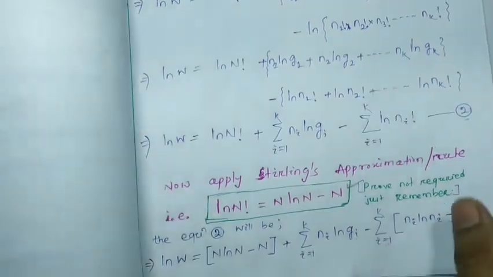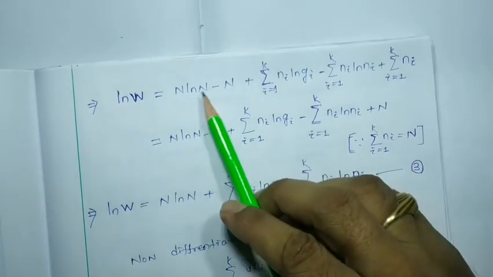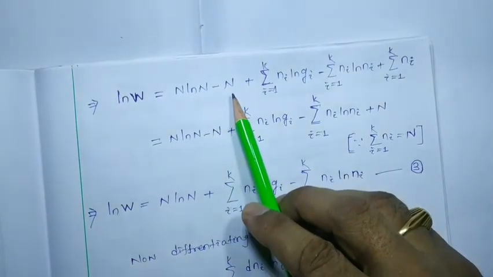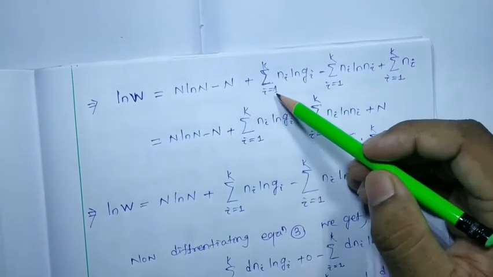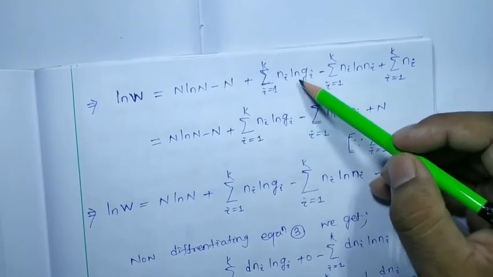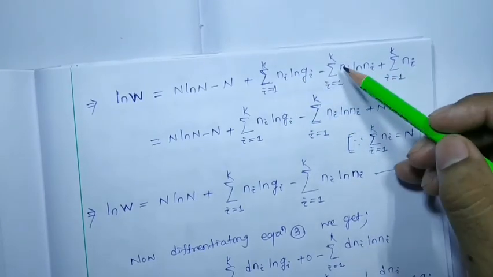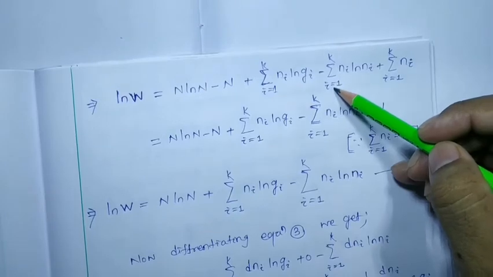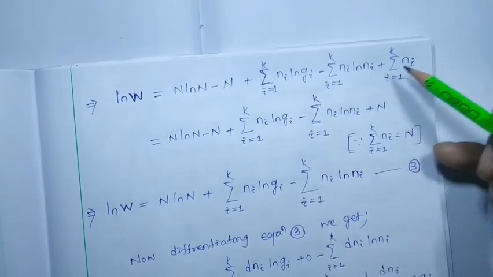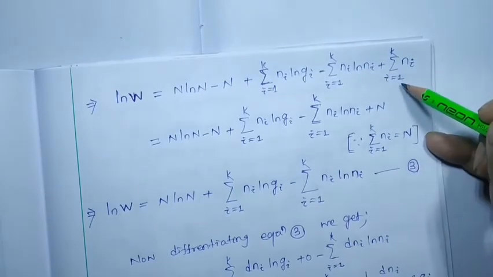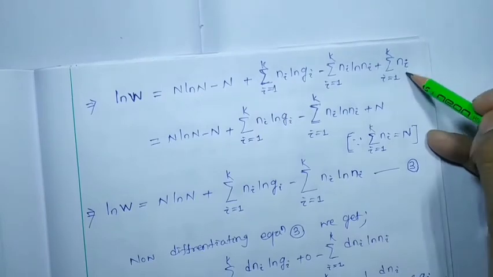The same thing I have written over here: N ln N minus N plus summation i equal to 1 to k ni ln gi minus summation over i equal to 1 to k ni ln ni plus summation over i equal to 1 to k ni.